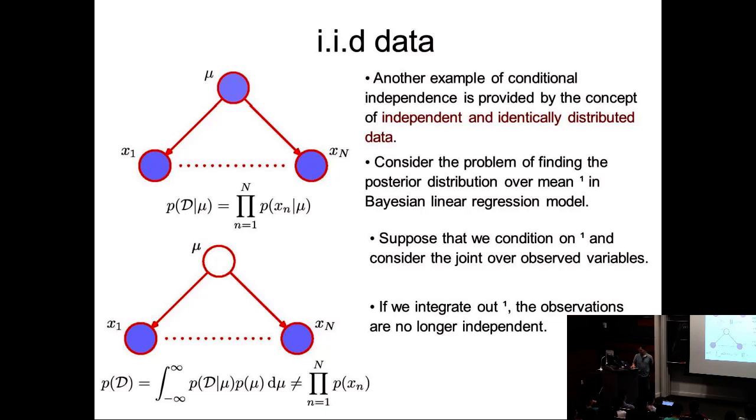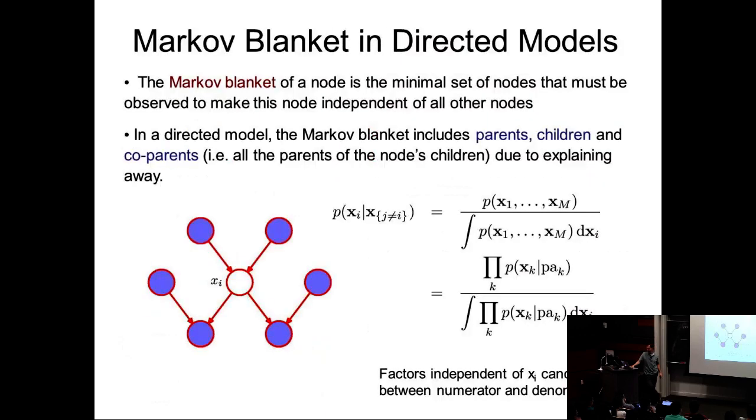But if I integrate mu out, or if I don't condition on mu, then all of these entries become dependent. So if you have a latent variable and you condition on it, your observations become independent. But if I sum out or integrate out these latent variables, then all of your data points become dependent. And that's what you want when you're modeling the data.